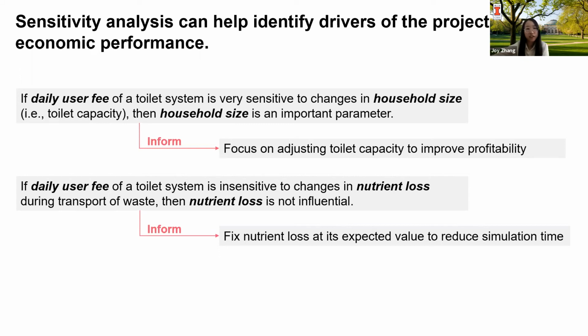And if we find that the nutrient loss during transport of waste is not that important for the value of daily user fee, then in later simulation, we can try to fix this value instead of defining a distribution around it, so that it saves computational time.